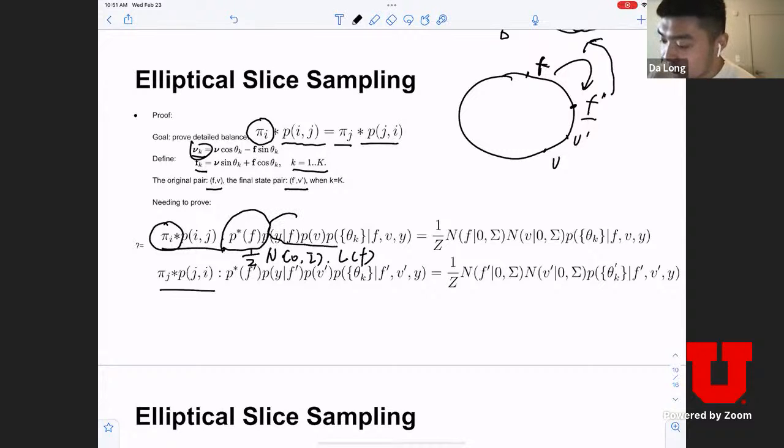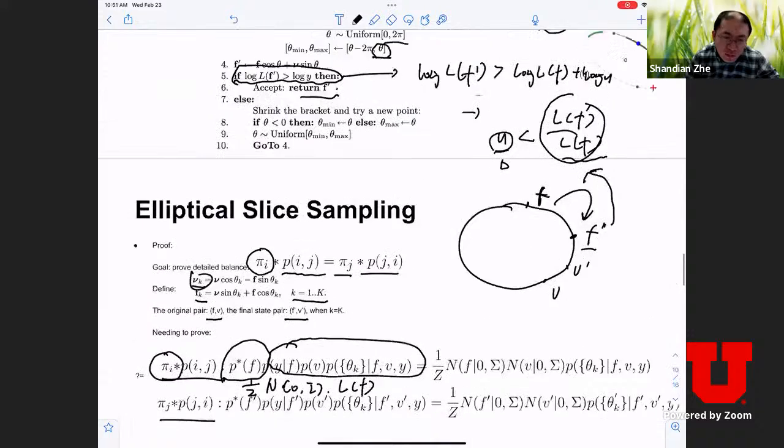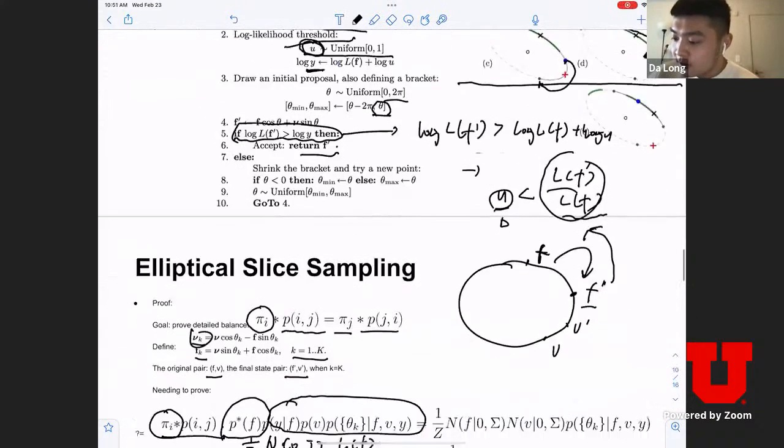And this part is the probability of you jumping from the current sample to the final sample, the probability of y given f. So the y is this one.